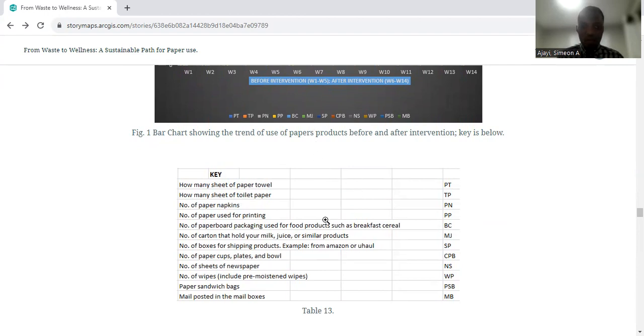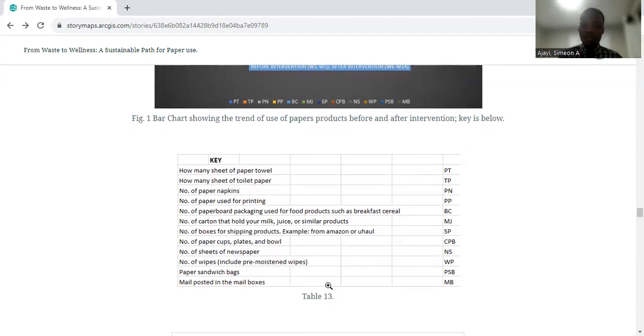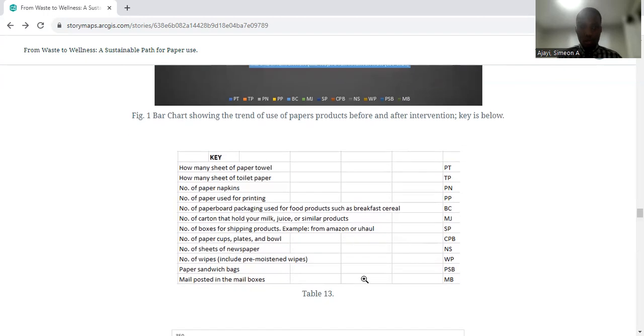MJ stands for milk, juice, or similar product. SP stands for shipping product. CPB stands for paper cups, plates, and bowls. NS stands for newspaper. WP stands for wipes. PSB stands for paper sandwich bags. MB stands for mail posted in mailboxes.